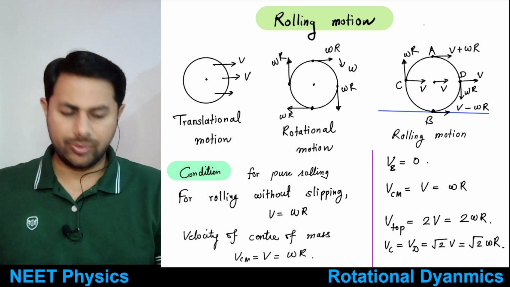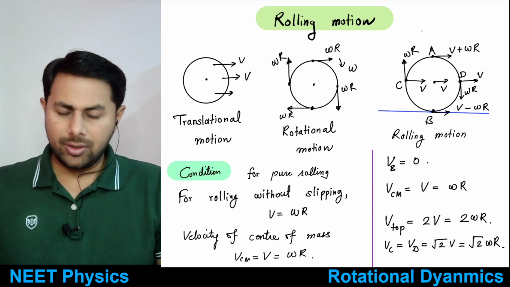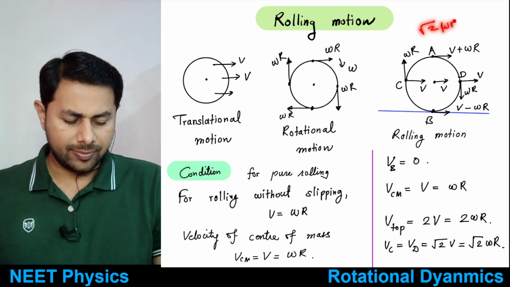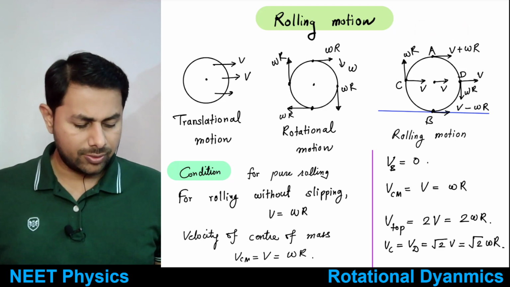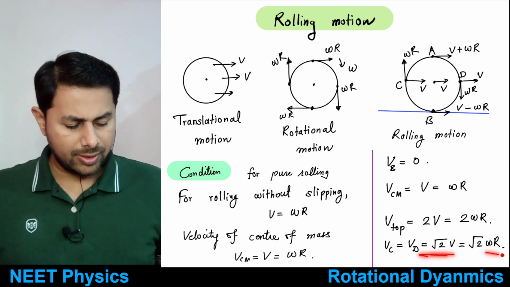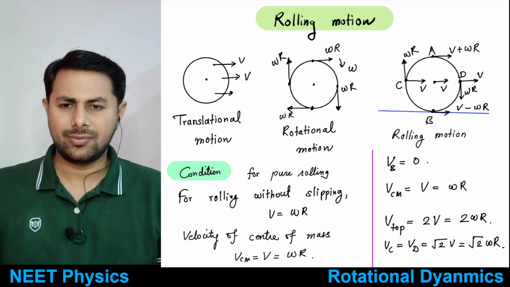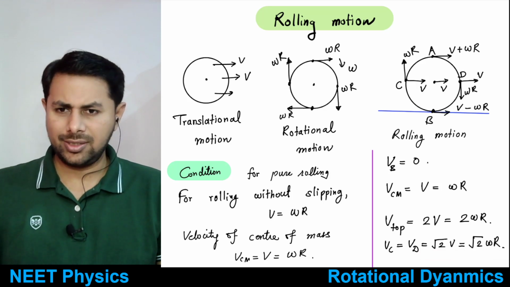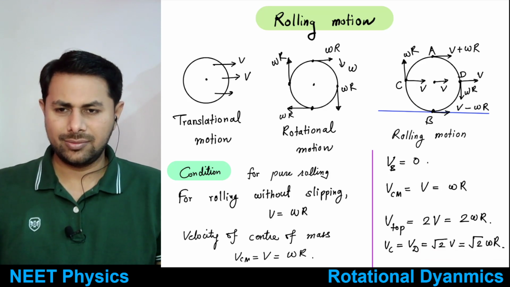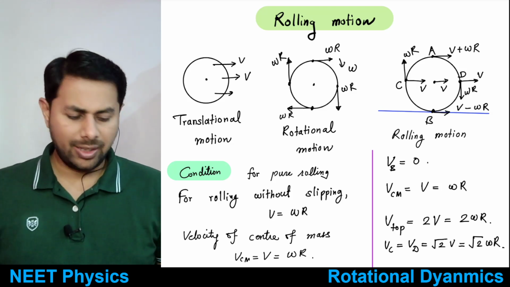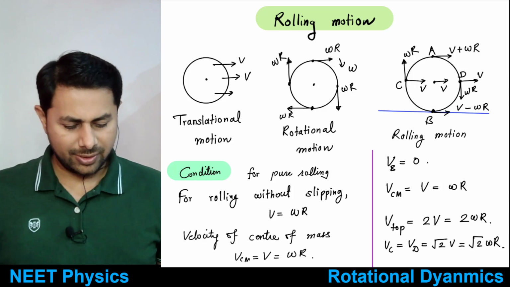Vector sum would be equal to just root 2 times of omega r, right? It will be root 2 times of omega r. So this thing is clear. Is this thing clear? Okay, good. So there can be a direct question based upon this topic, right?